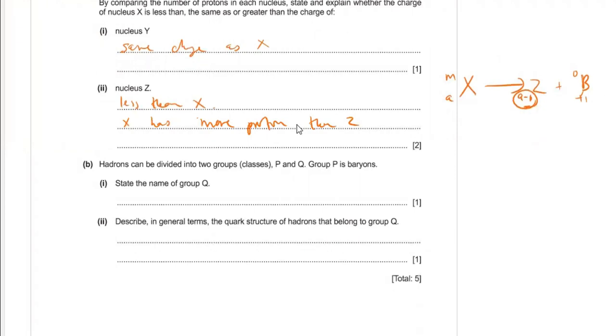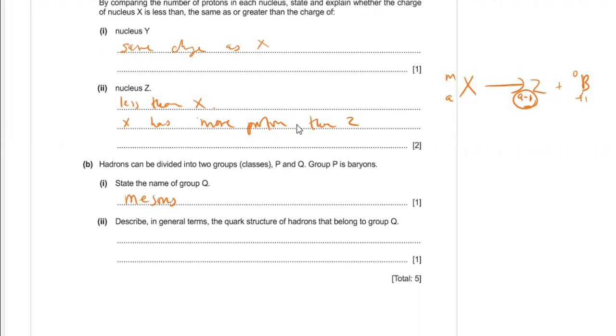Now, part B. Hadrons can be divided into 2 groups or classes, P and Q. Group P is baryons, which means group Q is mesons. Describe in general terms the quark structure of hadrons that belong to group Q. So 1 quark and 1 antiquark.